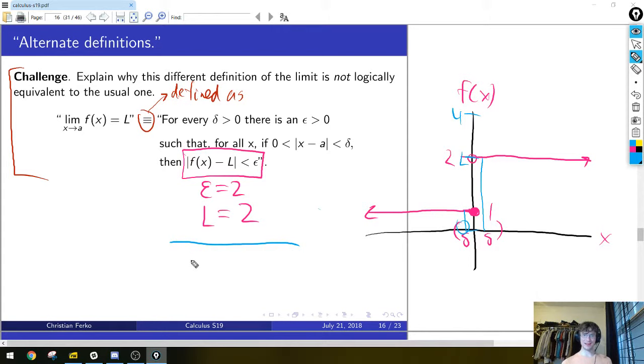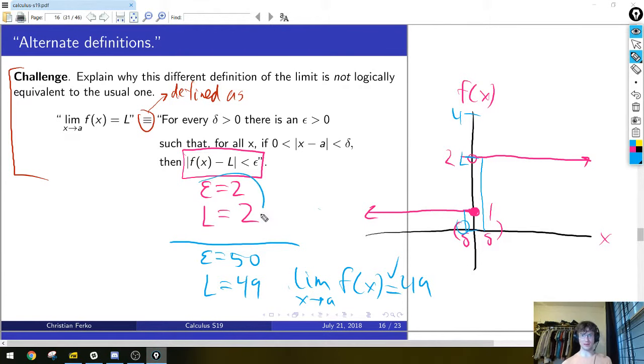You could have said epsilon is 50, and L is 49, and then you would have said the limit as x goes to any point a of f of x equals 49, and with this new definition that would be true. So surely this cannot be the same as the usual definition of the limit, because you can show that the limit is whatever you want, because the epsilon and delta are backwards.